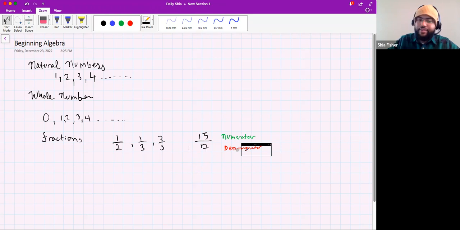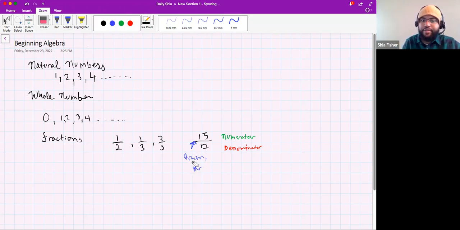But yeah, it probably does help to define one quick thing. Sometimes you'll see, and I'm going to use letters now instead of numbers, we'll be using a lot of letters, something like this, and we just talked about what that is, the numerator and the denominator. And it's the same if you're going to put it into your calculator.